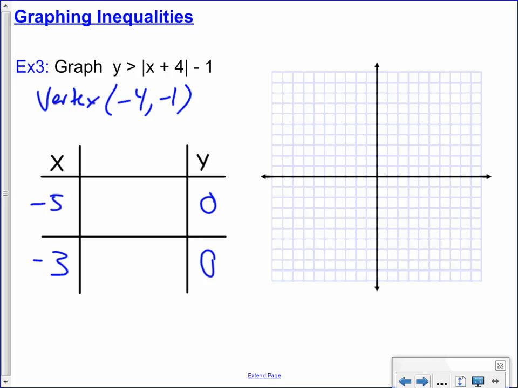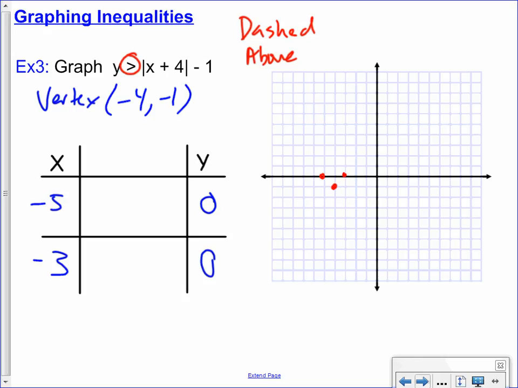So that's 1, 2, 3. Two more things. It is dashed, and shade above.